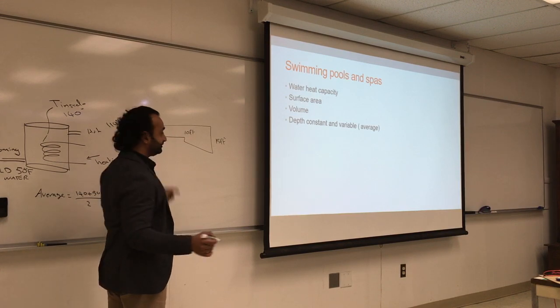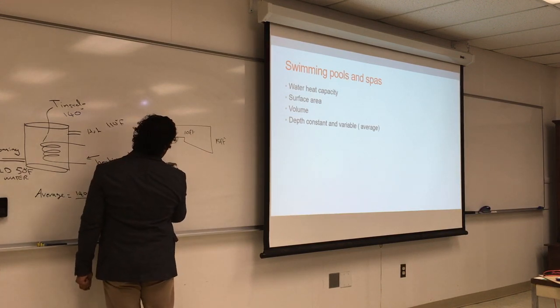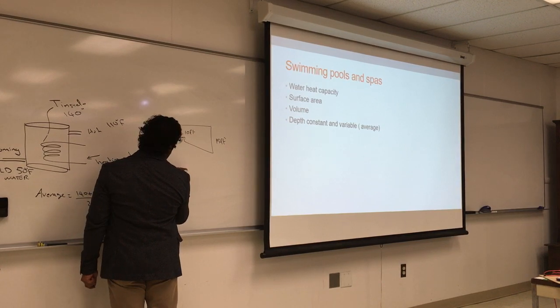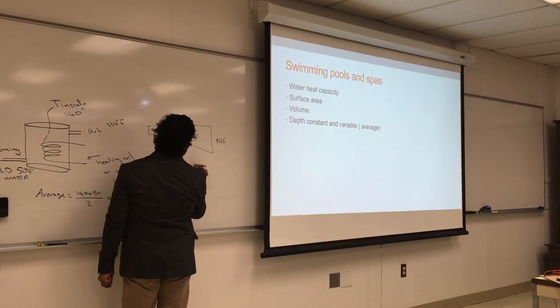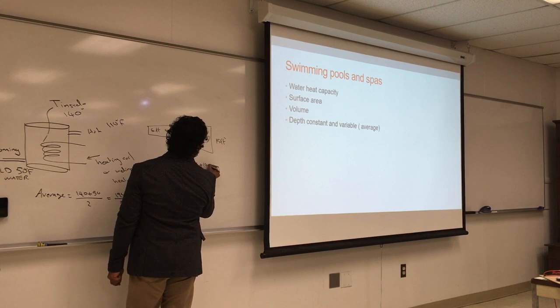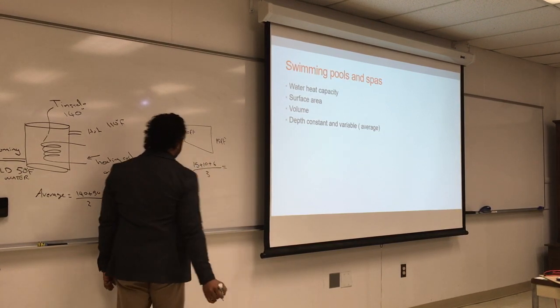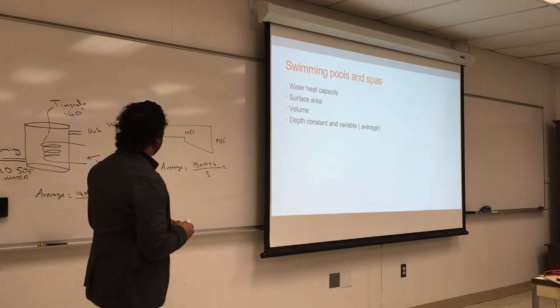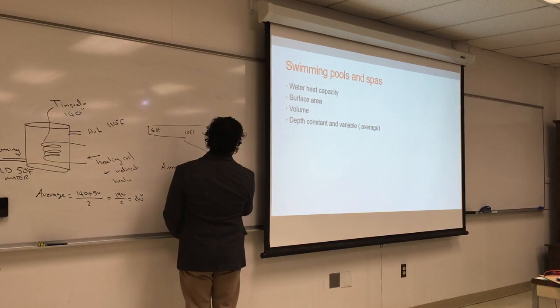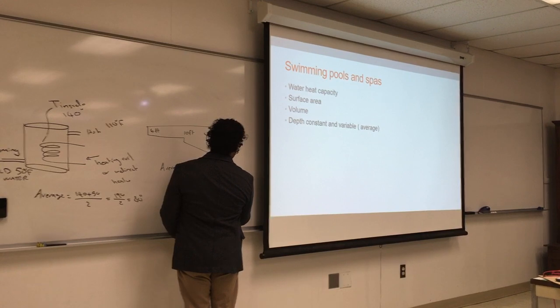What would I do? I'll add all the numbers and divide by 3. 15 plus 10 plus 6 over 3. That's 31 over 3. So that's 10.33.